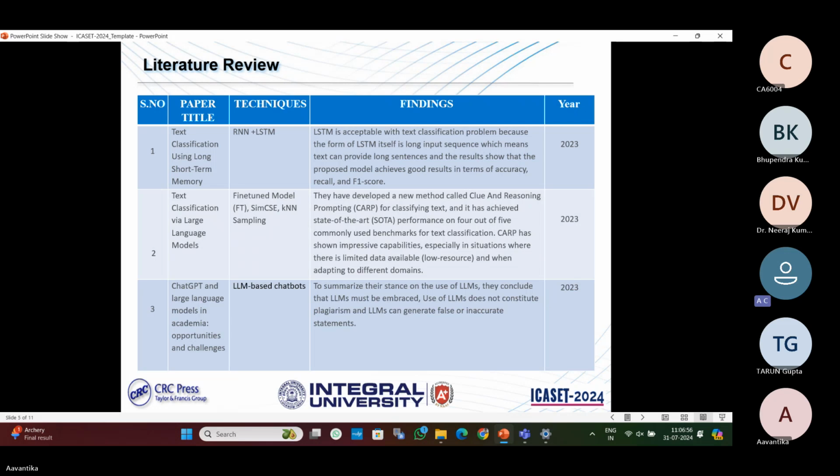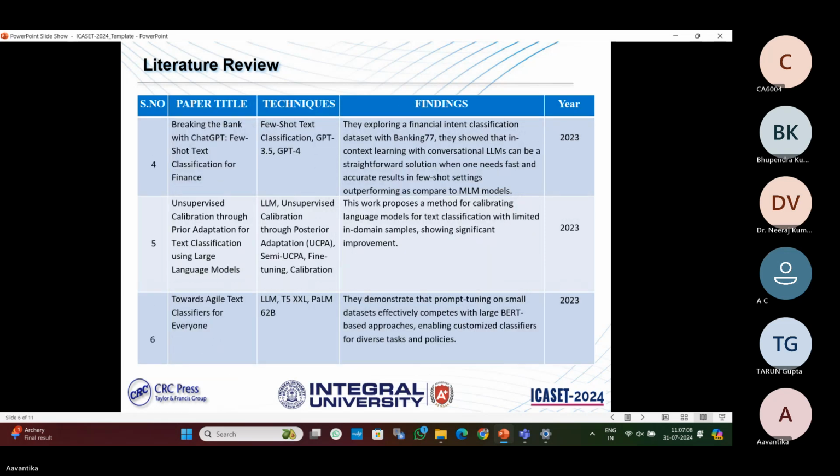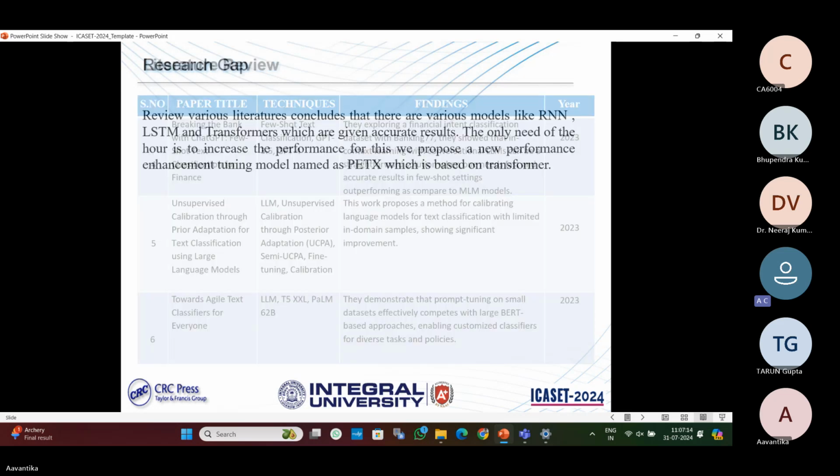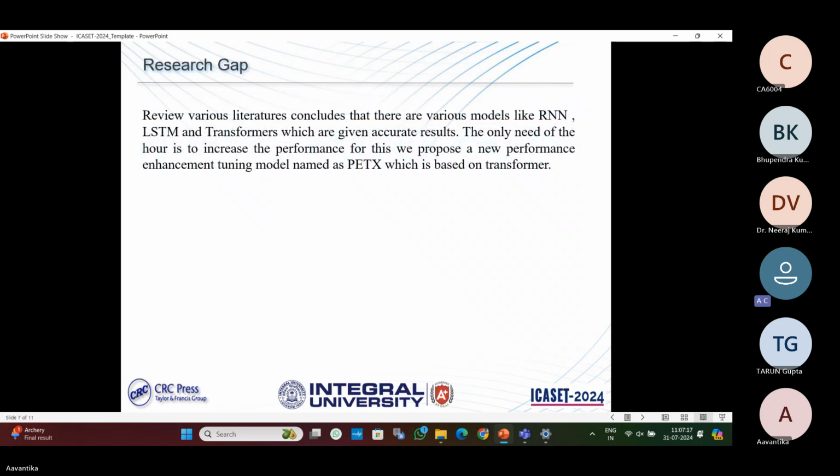This is the literature review, the findings of these papers, and the research gap.